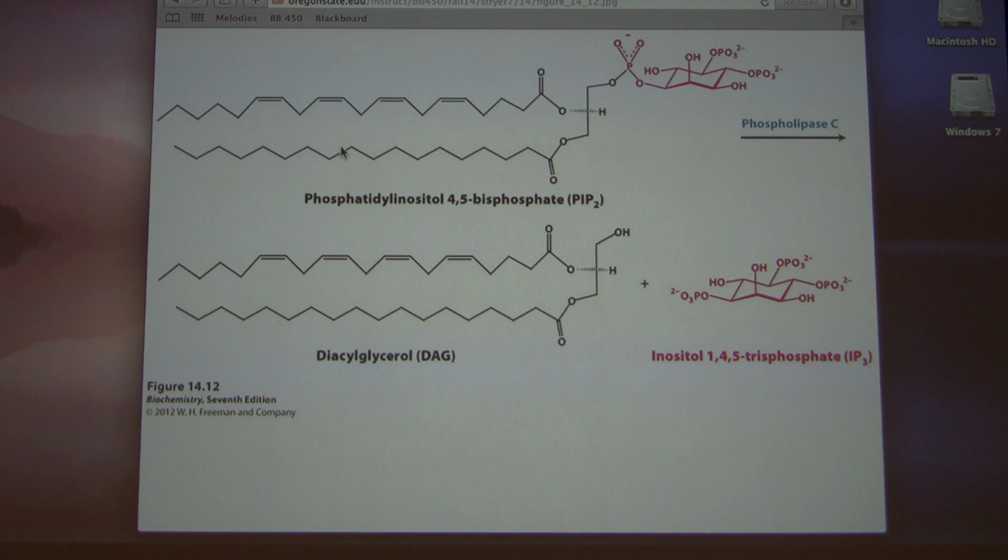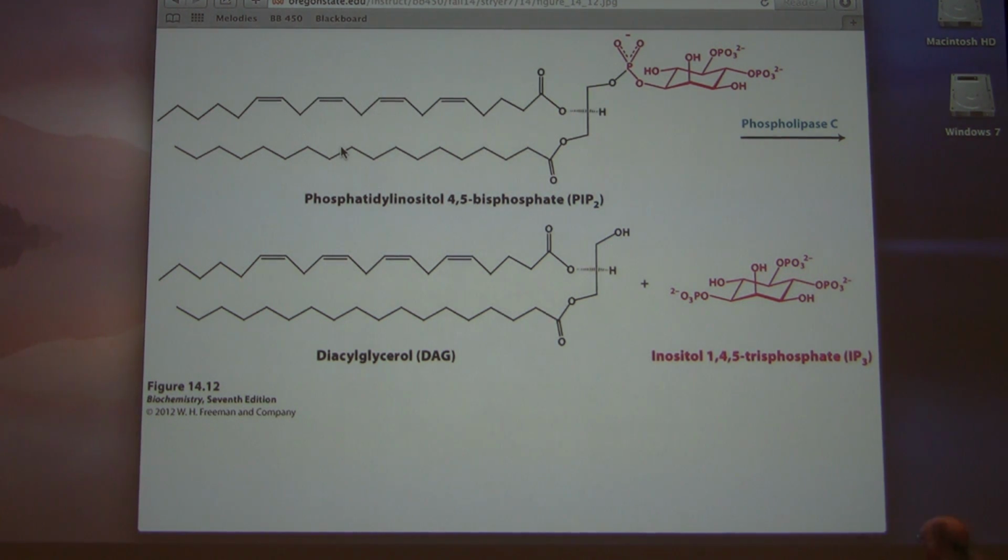The IP3 is, as you can see by its chemical structure, very polar, it's very water-soluble, and it's very much able to travel in the cytoplasm. Remember, this guy is found in the membrane. So this whole complex up here is starting in the membrane, cleaving of the compound by phospholipase C releases IP3, which now can travel in the cytoplasm.